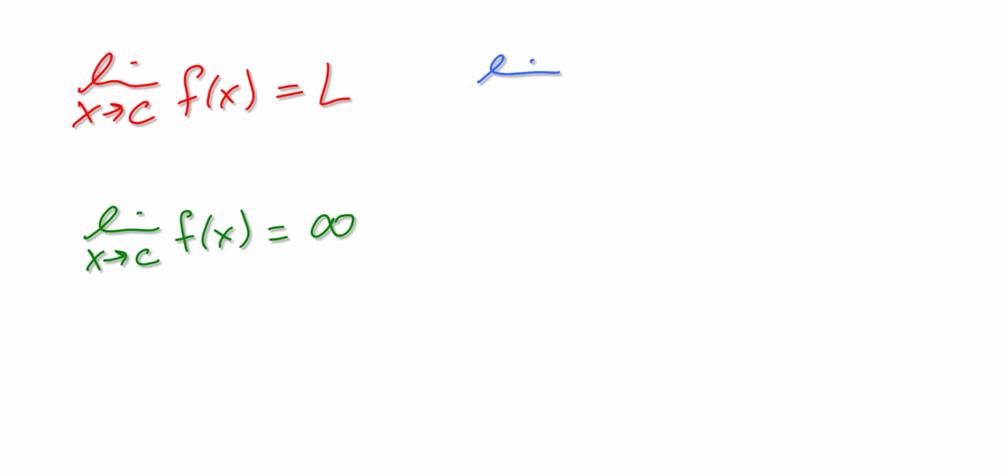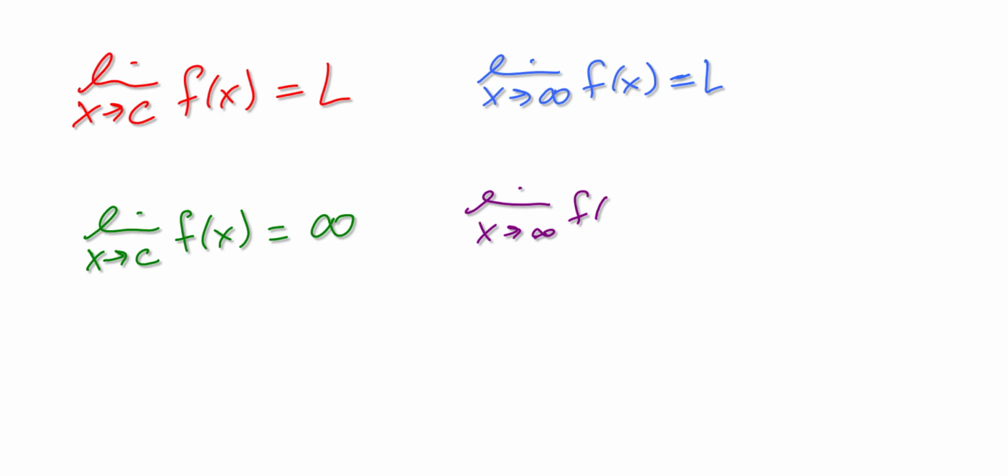Then we discussed the limit as x approaches infinity, when we have a horizontal asymptote and we have a finite limit. So there's one more definition to complete our set. What if we have the limit as x approaches infinity of our function and that equals infinity? So we have infinite limits at infinity. Whoa, what kind of functions do that?